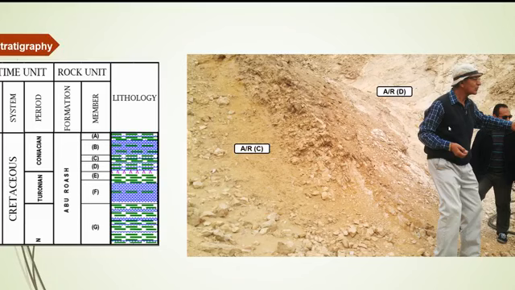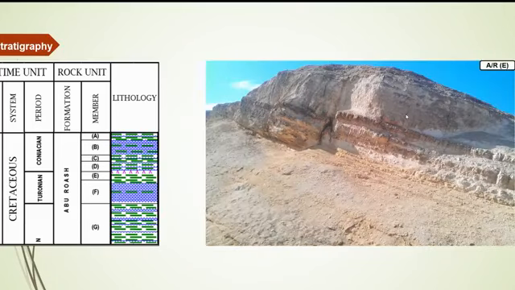Abu Rawash C member is followed by Abu Rawash D member, which is pure limestone, and finally Abu Rawash E member, which is characterized by its pure limestone with some intercalation of shale, and in the subsurface formations, Abu Rawash E member contains anhydrite bands or anhydrite layers.